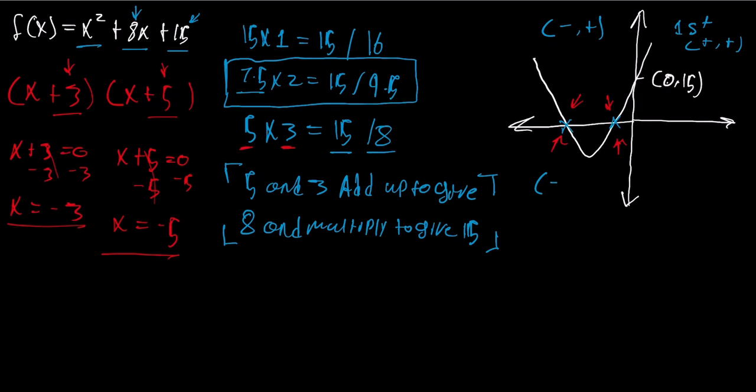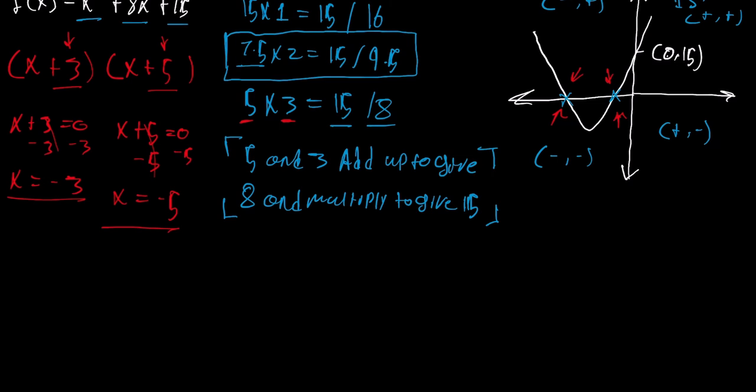For the third quadrant, everything is negative. And for the fourth quadrant, my x values are always positive and my y values are always negative. Therefore, I can't have a positive in my second or third quadrant.